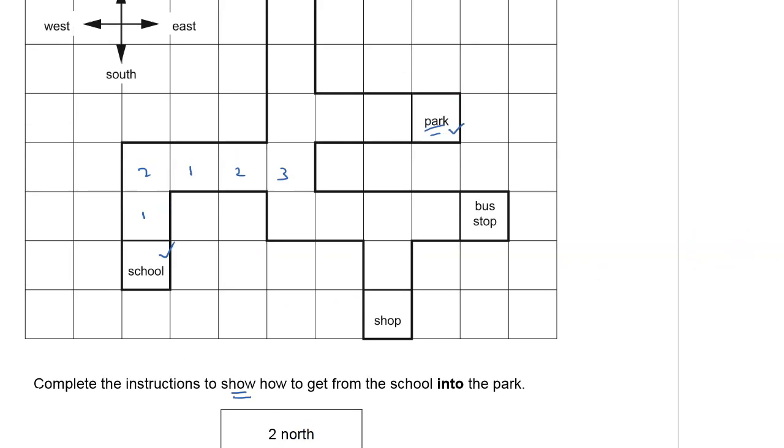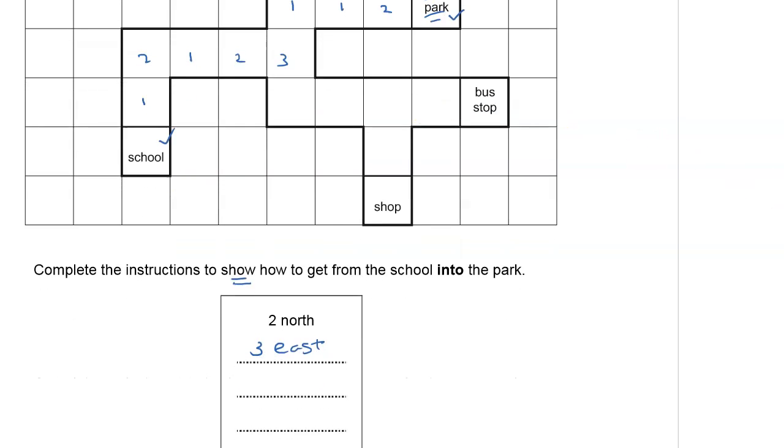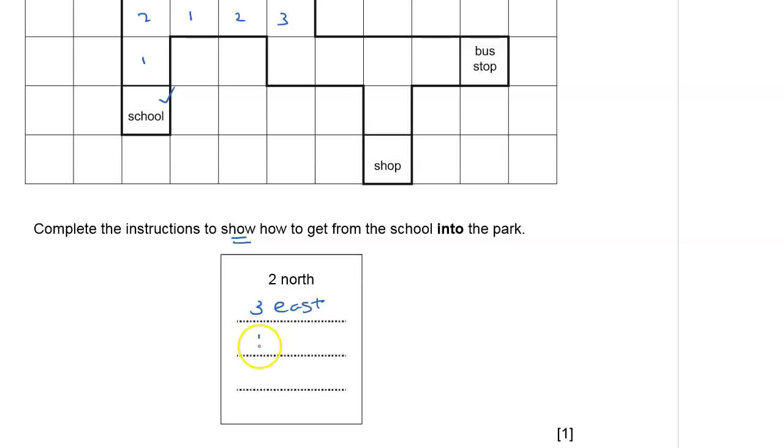From 3 east, we are moving 1 north, and then we move 1, 2, 3 east. We arrive at the park. So this is 1 north, and then 3 east.